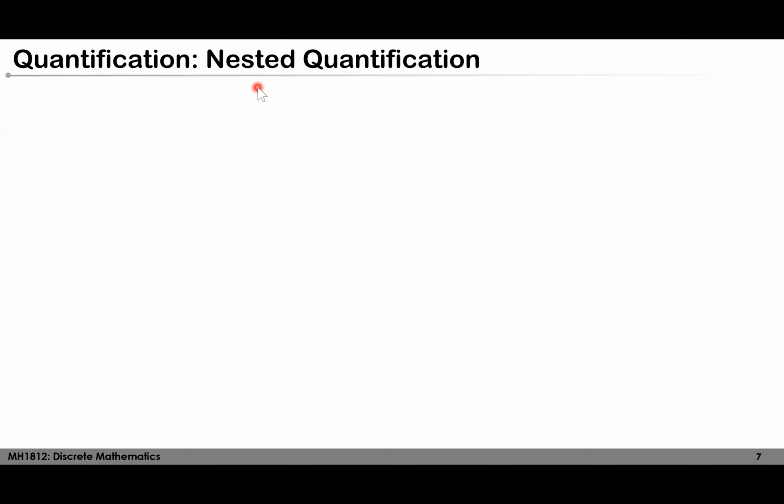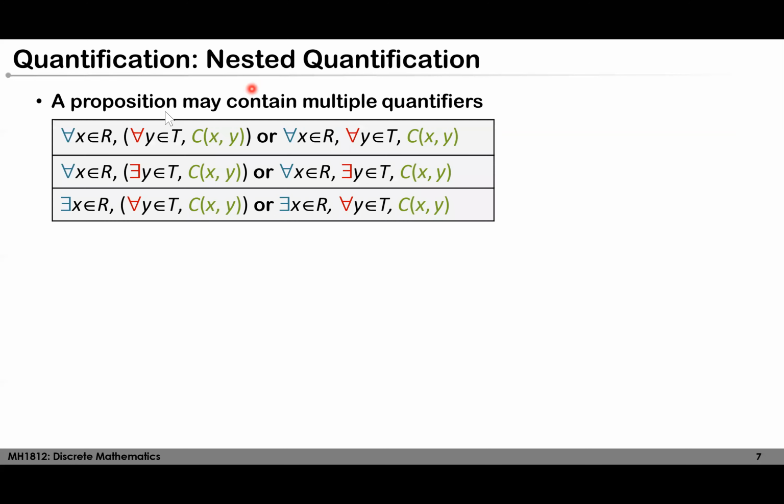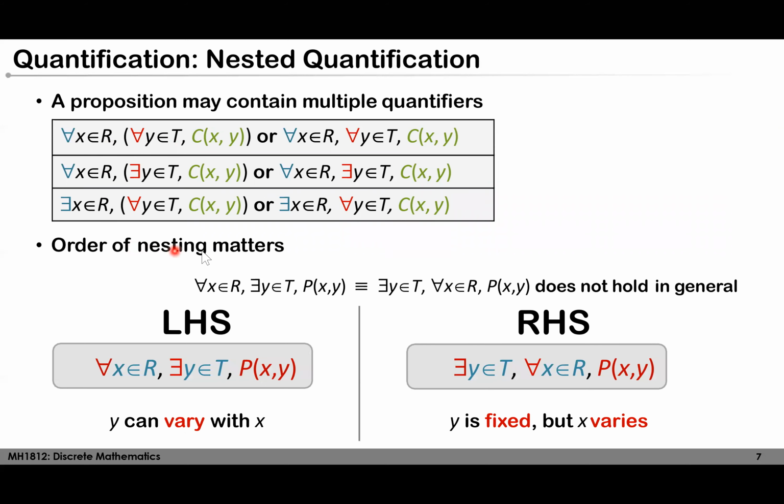And we have nested quantifications. So a proposition may contain multiple quantifiers. So the order of nesting matters, especially when the quantifiers are not the same.